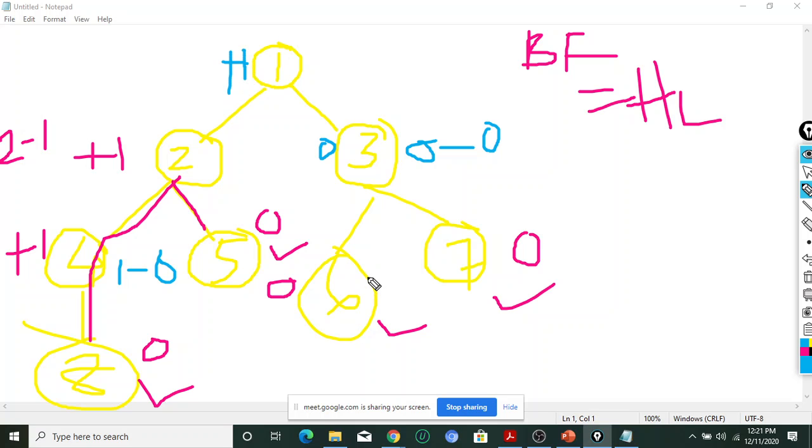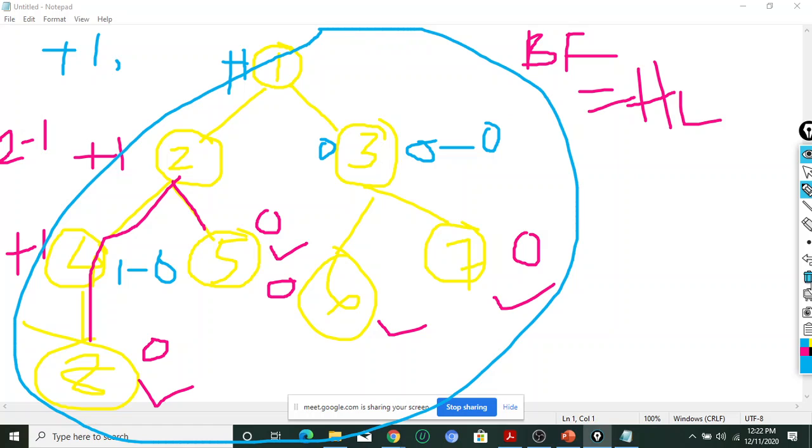In this picture, the maximum value we get is plus 1. We have not seen minus 1 here. So this tree is called a balanced tree.